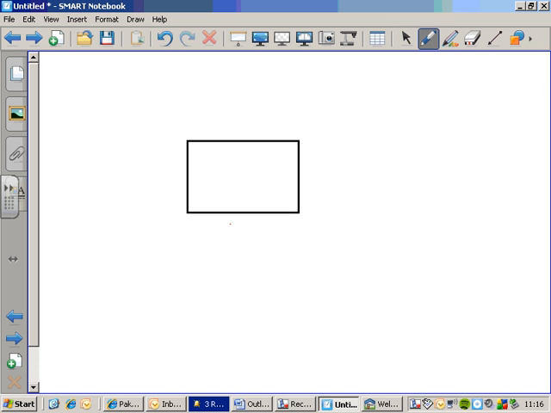Let's say this rectangle here is 8 centimetres long and 4 centimetres wide. We could work out the area by multiplying the length, 8 centimetres, by the breadth, 4 centimetres, to get an answer of 32 centimetres squared.